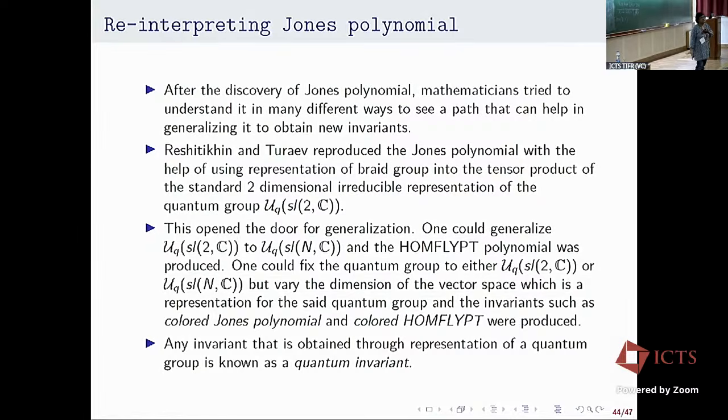There are theorems which say a knot is an unknot if and only if its Khovanov homology has to be this. So the Jones polynomial, which was defined using braid groups and so on, still is not the best refined invariant, so how do we generalize and find a stronger invariant? That came as a question.